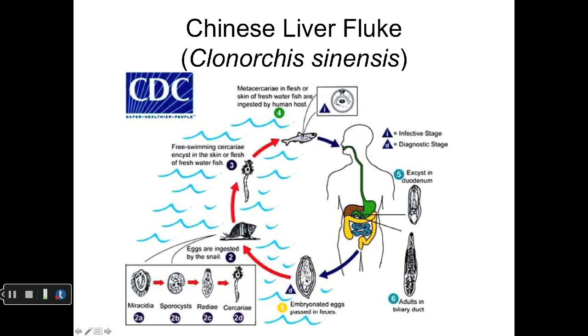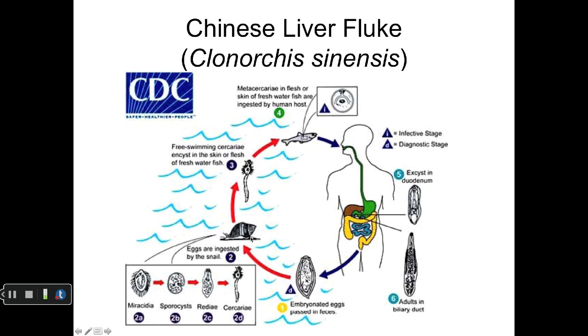All right, so the life cycle works like this. Keep in mind the adult worms here are in the bile ducts of the liver, and the bile empties into the small intestine, and then the embryonated eggs are released in feces into the water. In this case, there's an interesting little twist in which the miracidium does not hatch out in the water.